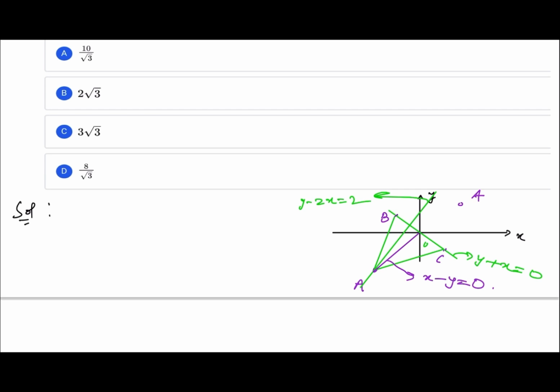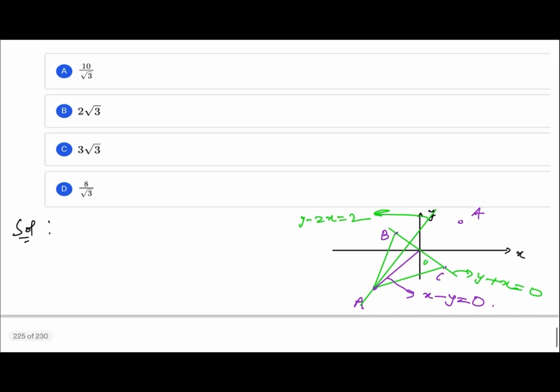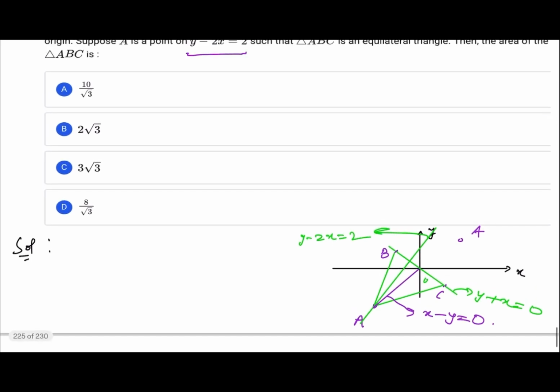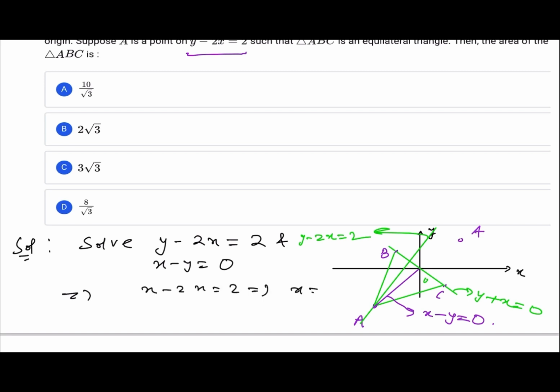Okay, so now if I solve the equation of the perpendicular bisector and y minus 2x is equal to 2, then I will have vertex A. So in place of y I am putting x, so x minus 2x is equal to 2, and x is equal to minus 2, so y is equal to minus 2 as well.